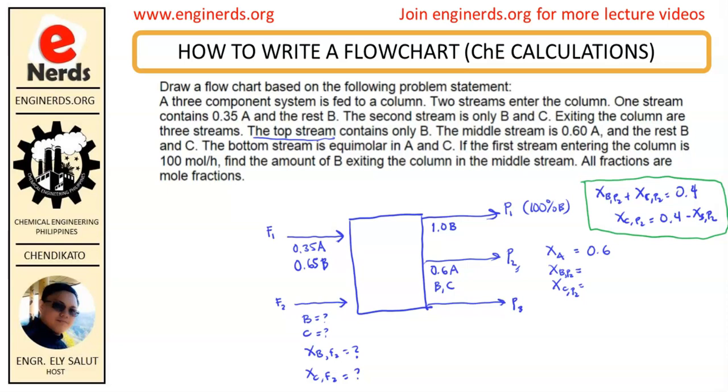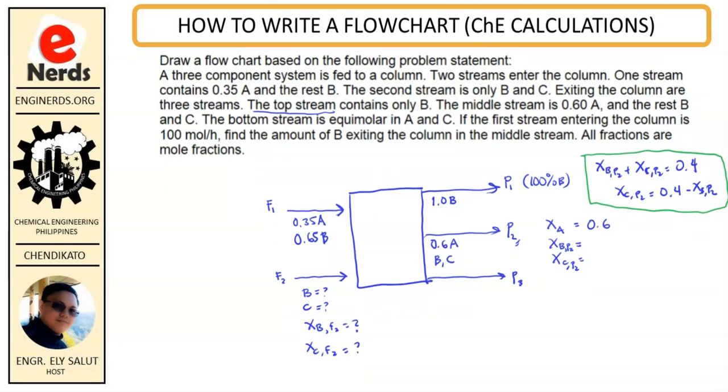And now, let's go to the bottom stream. As per our given, the bottom stream is equimolar in A and C. So that means equal ang kanilang mole fraction. So as I said, yung mole fraction is just the addition of all the mole fractions ng component na nasa particular stream natin.